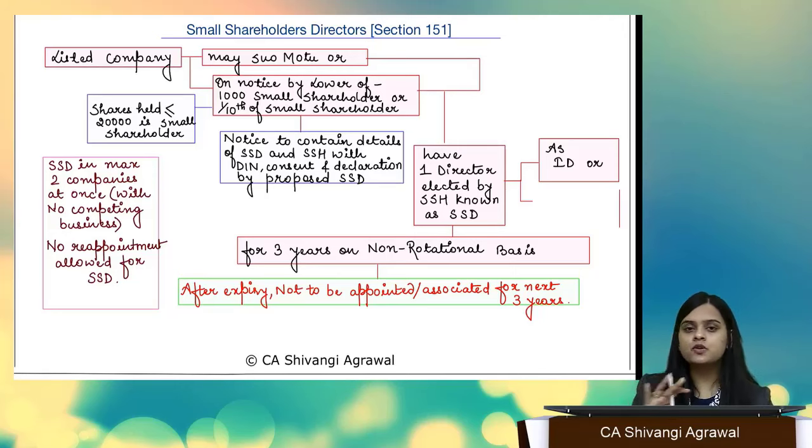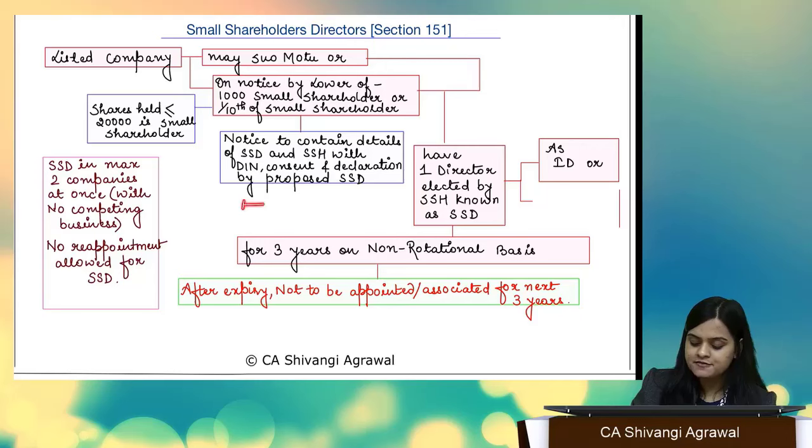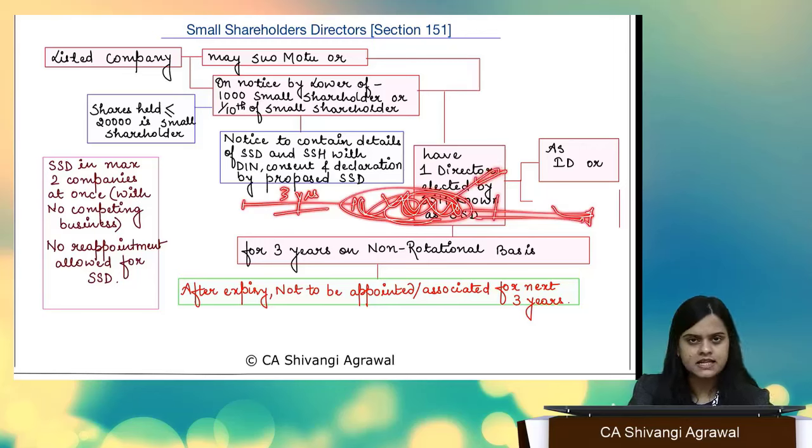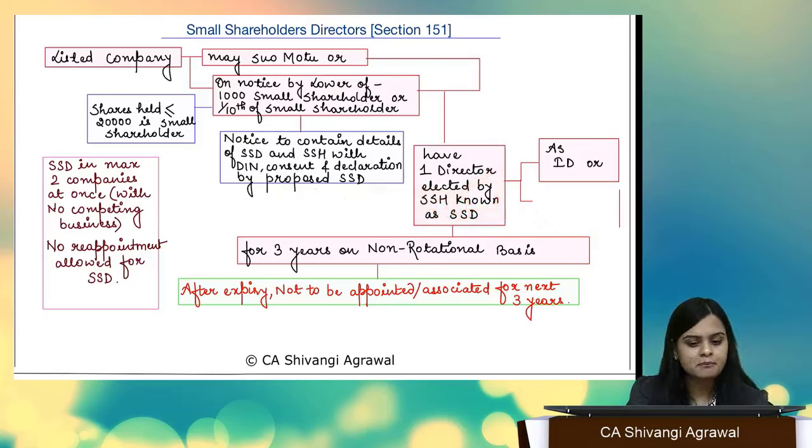Okay, and he is going to be non-rotational. He has a fixed term of 3 years. Can he be reappointed after 3 years? No. Then 3 years will be a cooling period. Again, then he can be appointed after 3 years. During the cooling period, he cannot be appointed or be associated in the company in any manner.